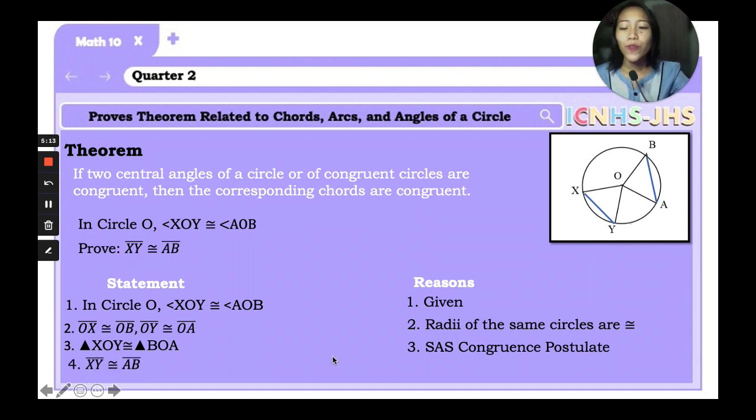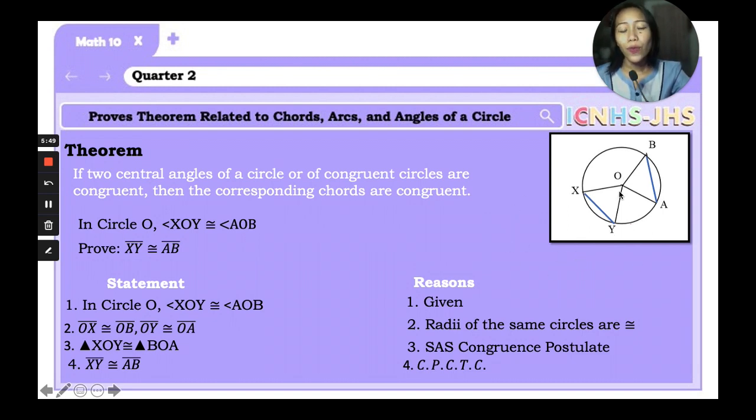Okay, and then for our last statement, we can say that segment XY and segment AB are congruent. Why? That is because corresponding parts of congruent triangles are congruent. In this case, the corresponding parts are the sides, and the angles included are congruent.